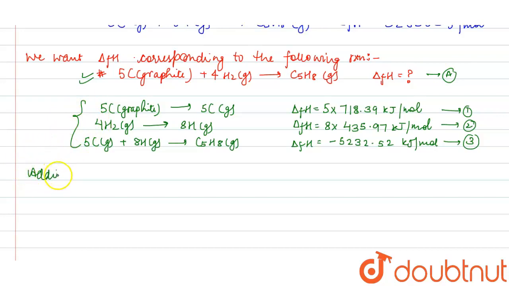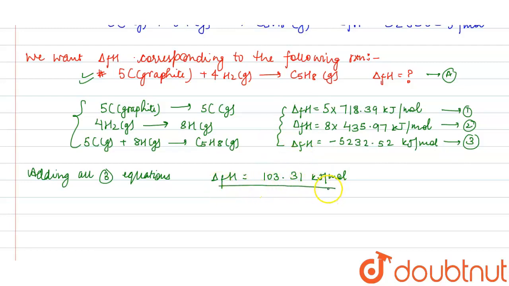By adding all three equations, you will get equation A. So you will get delta H of formation equal to 103.31 kilojoule per mole. We have just added, so the values of delta H also get added. So 103.31 kilojoule per mole is the delta H of formation.